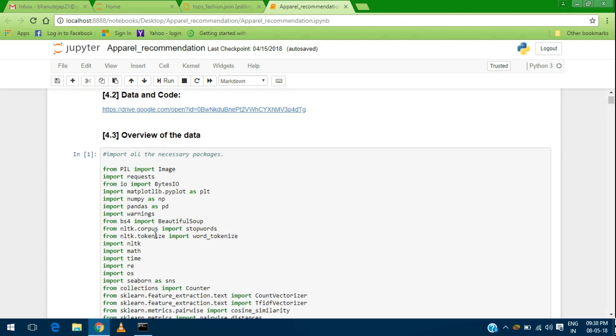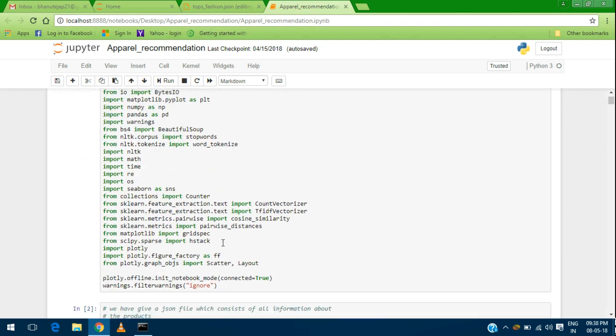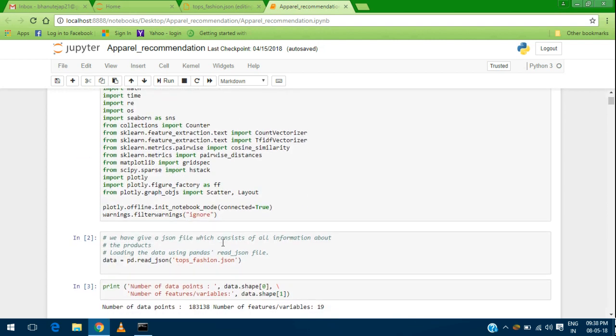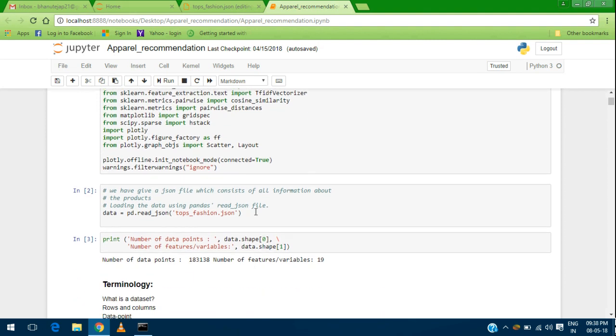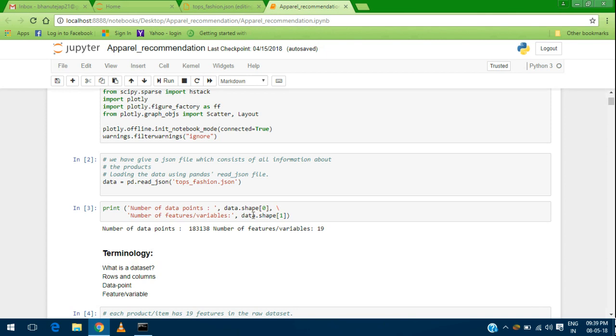Here we are importing all the packages we need for the implementation of the project.